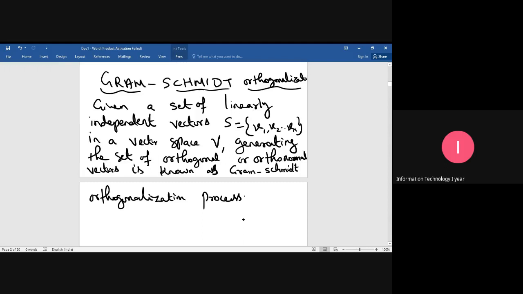Then we can say that these vectors are independent. So generating another set of orthogonal and orthonormal vectors from v1, v2, etc. vn is called the Gram-Schmidt orthogonalization process. Here I am giving you the steps alone.